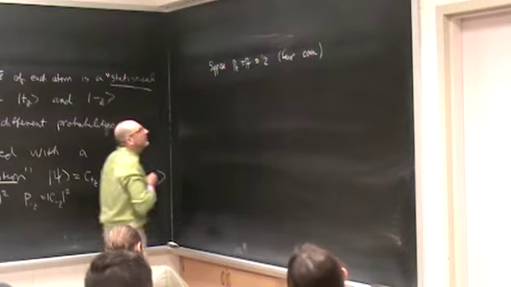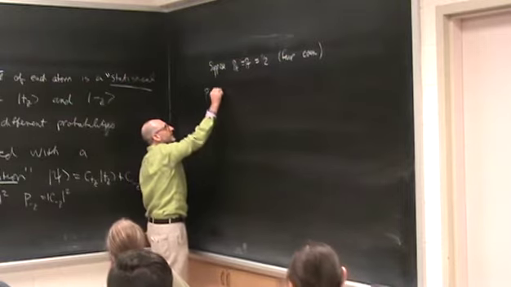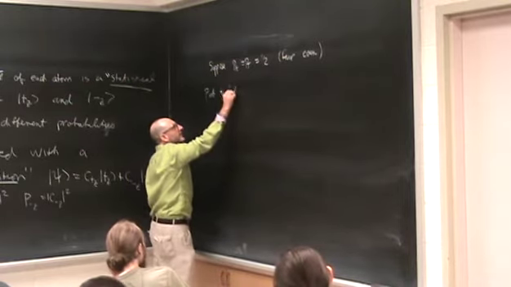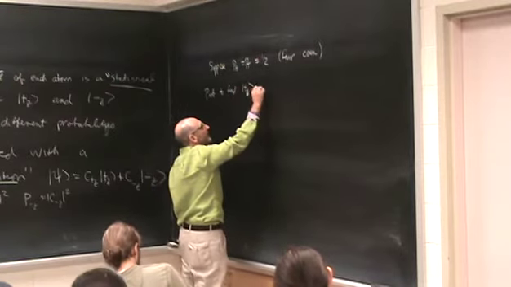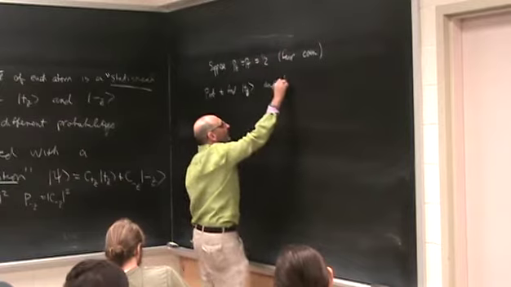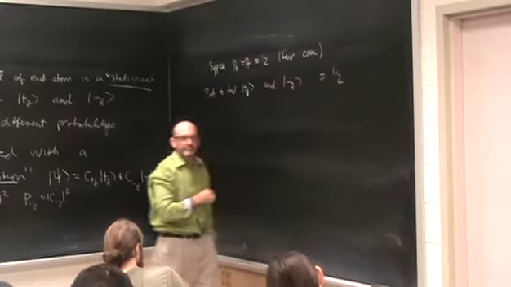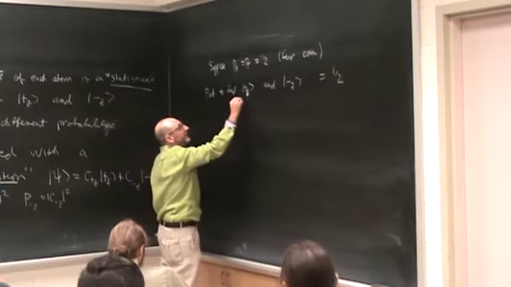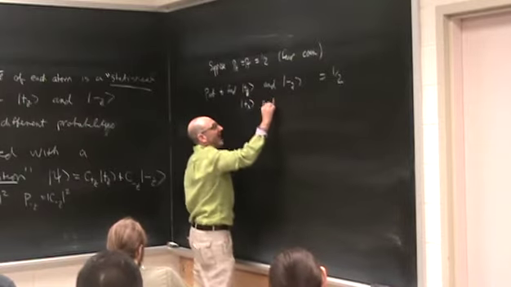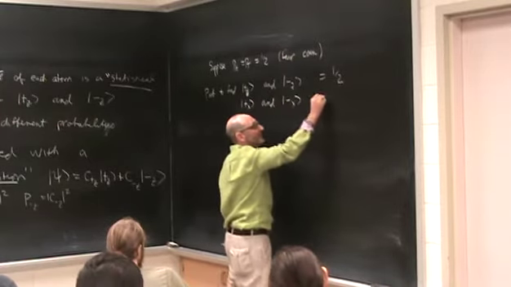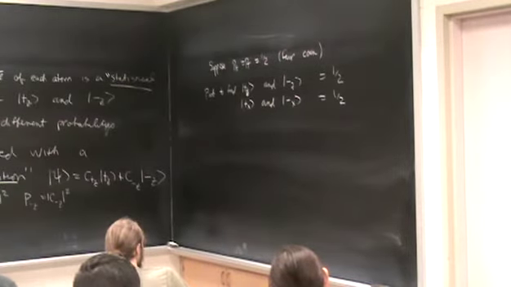Okay? So the probability to find up along z and down along z equals a half. And the probability to find up along x and down along x is also a half for this statistical mixture.